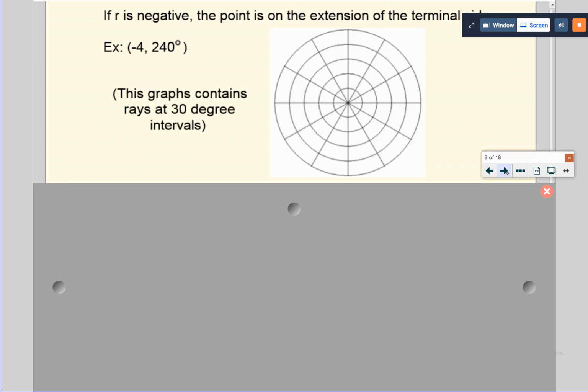I wonder if I have some polar graph paper. Hold on one second. If not, you're just going to have to draw some circles.